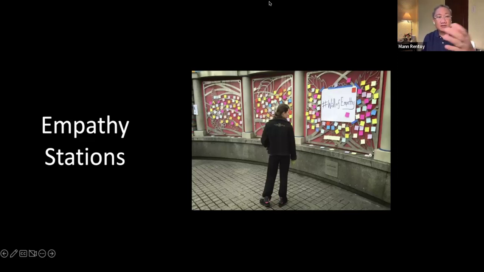Like having empathy stations, set up stations where students can engage in empathy building activities to better understand each other's perspectives.